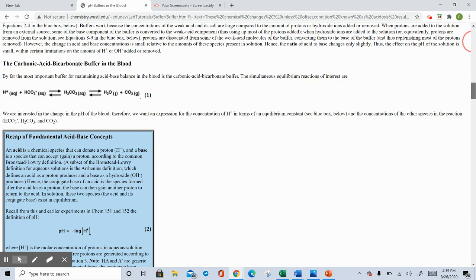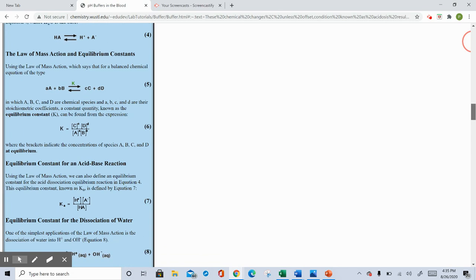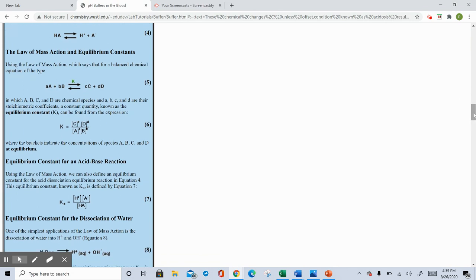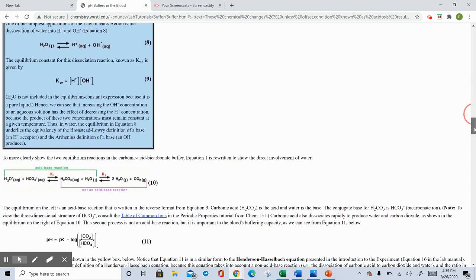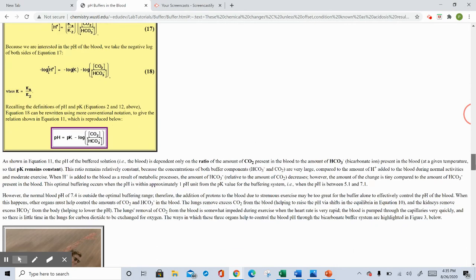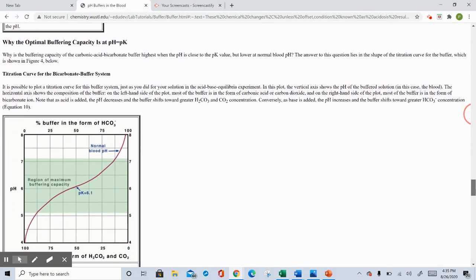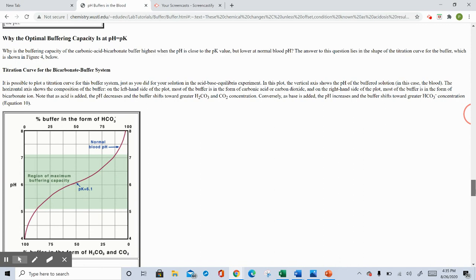Here's our carbonic acid bicarbonate buffer. It goes through the equilibrium, the K values. So I think you can really read this now based on everything that we've talked about. And it's just another reference regarding this particular buffer.